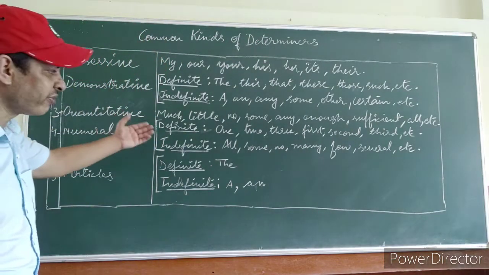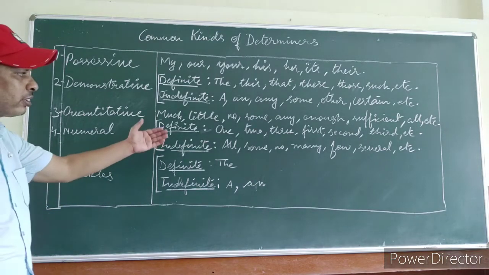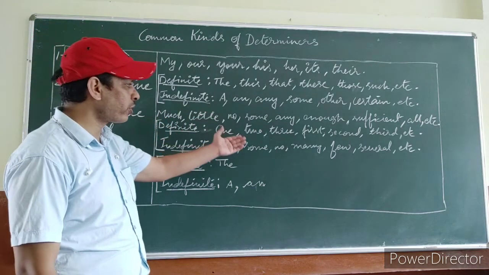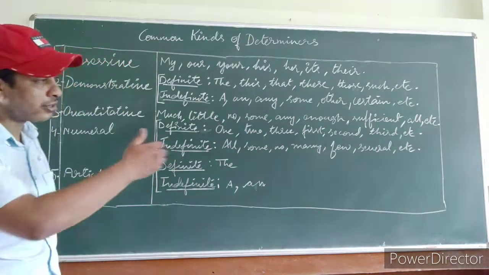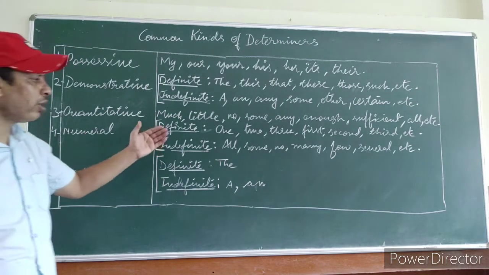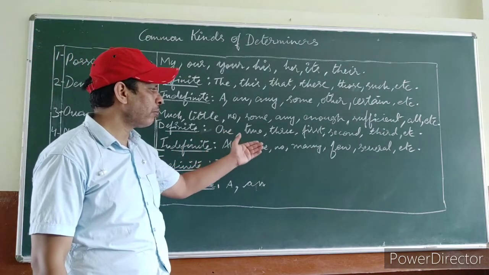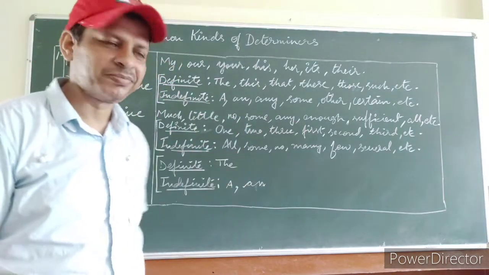Number one, definite. Definite numerals: 1, 2, 3, and then first, second, third, etc. And the indefinite part of numeral: all, some, no, many, few, several, etc.